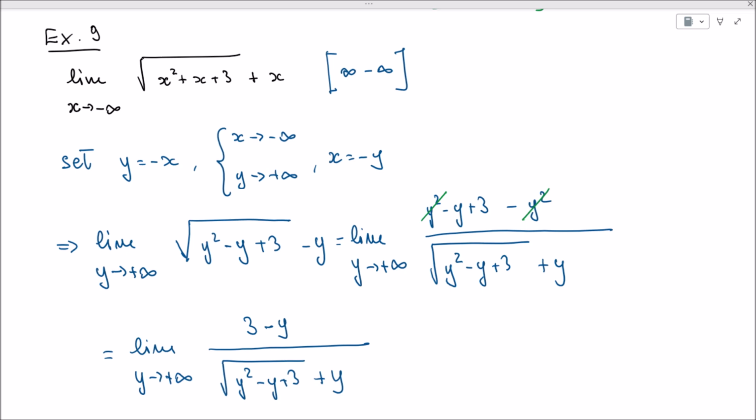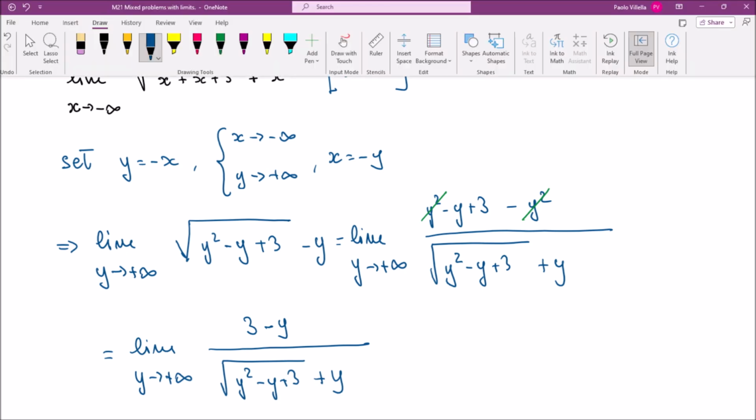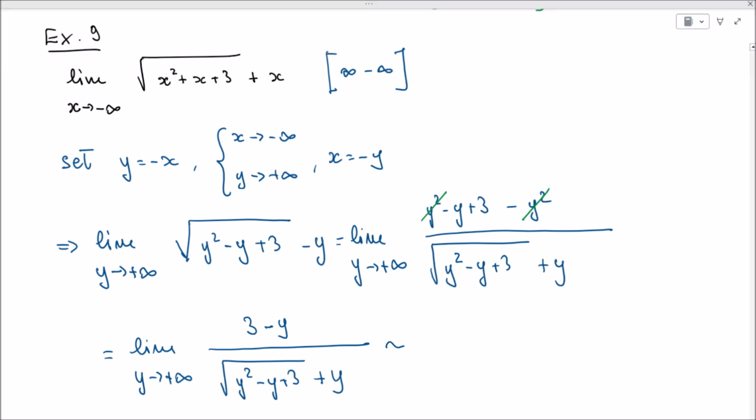So you see that once again we can do an approximation here, because when y goes to plus infinity, of course 3 can be just neglected. So it is just like having minus y here, and the leading term in the root is y squared, so this becomes basically 2y. So this implies that this will tend to minus 1 over 2.